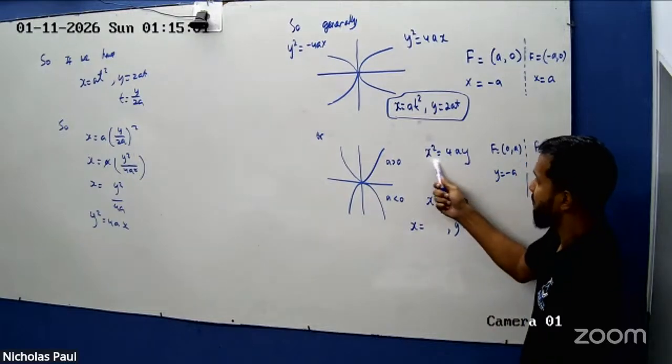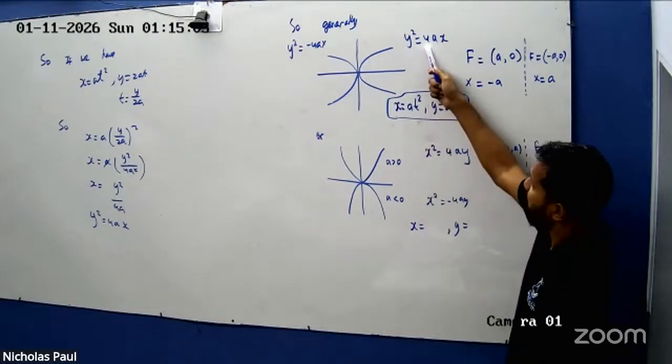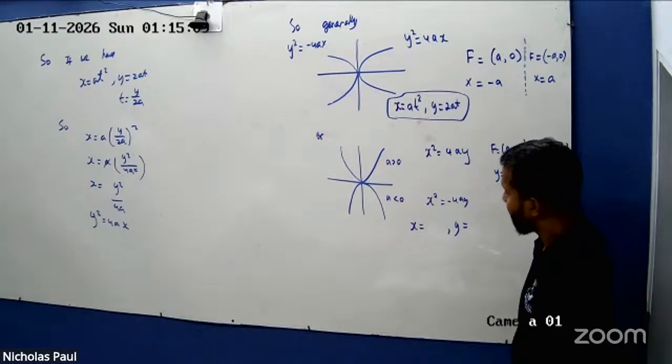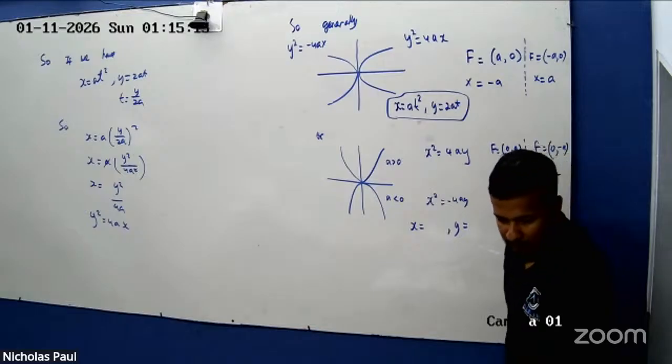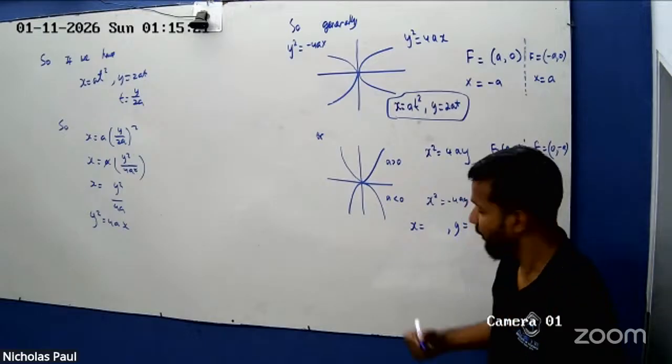Which one's squared here? The x, right? Which one was squared here? Tell me what you think. Swap it, yeah.